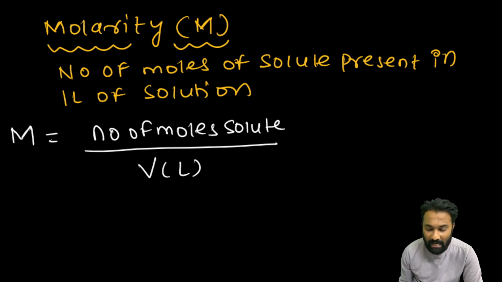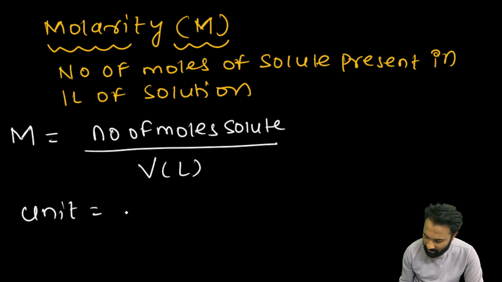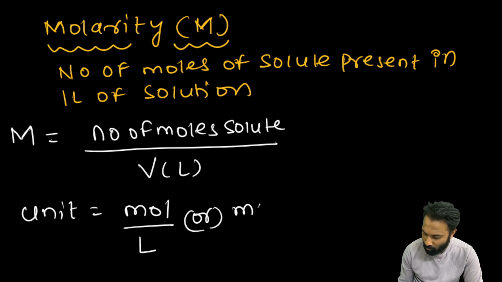Clear? Now if I ask what is the unit of the molarity? Number of moles is mole, and the volume is a liter, or we can say mole liter inverse, or mole per liter. This is the unit of the molarity.